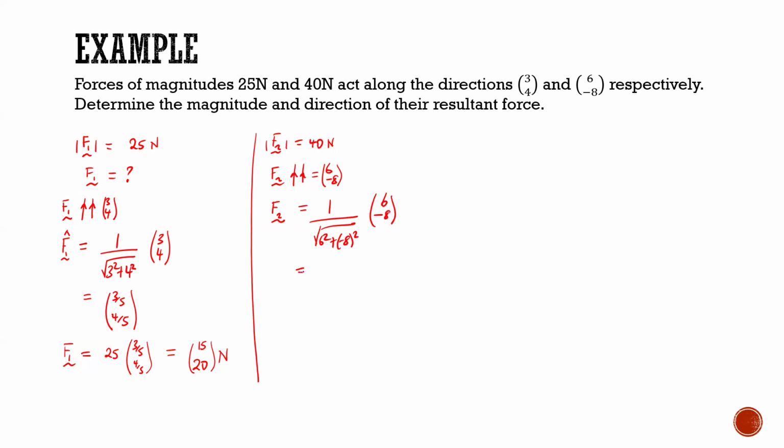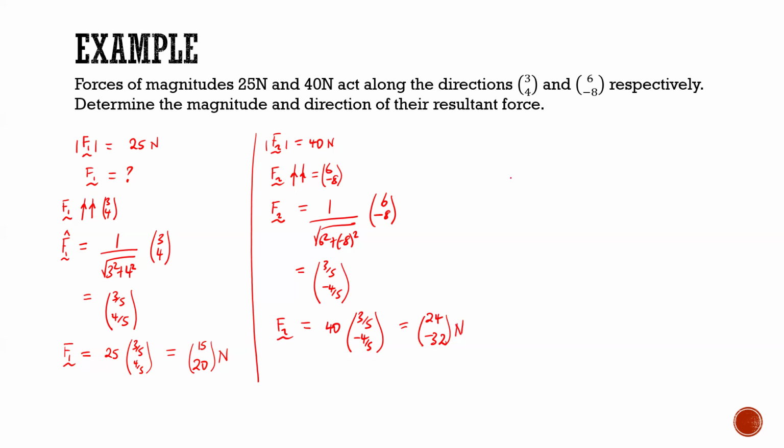You realize that it is 6 out of 10 and negative 8 out of 10, which reduces to 3 out of 5, negative 4 out of 5. So F2 is in fact 40 times 3 out of 5 i plus negative 4 out of 5 j. And this gives us 24, negative 32, in newtons.